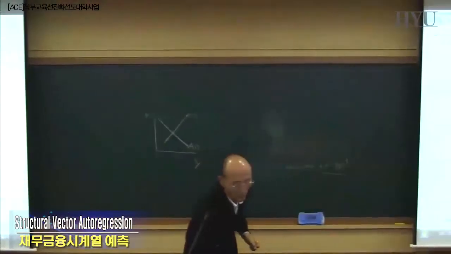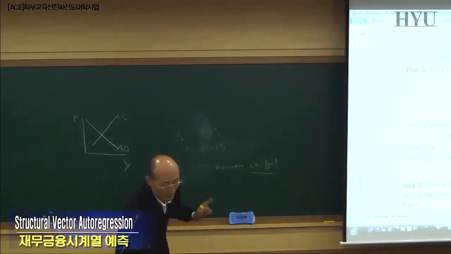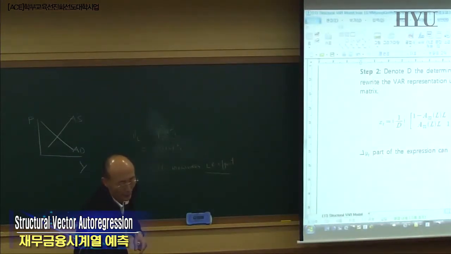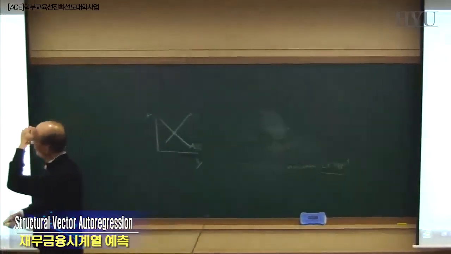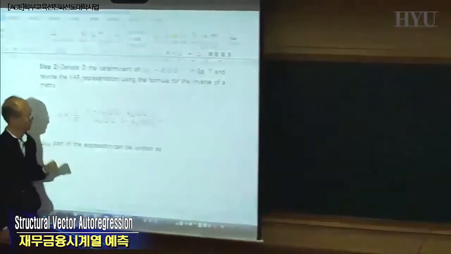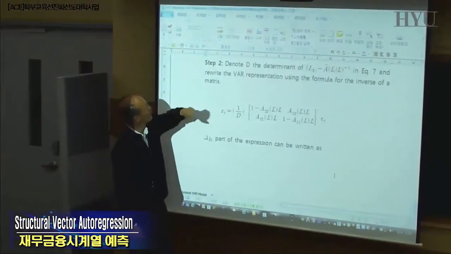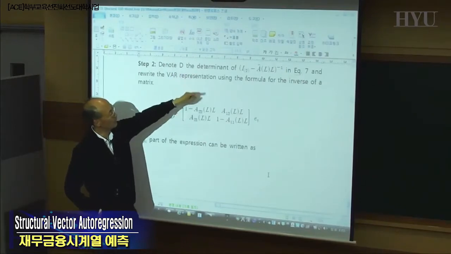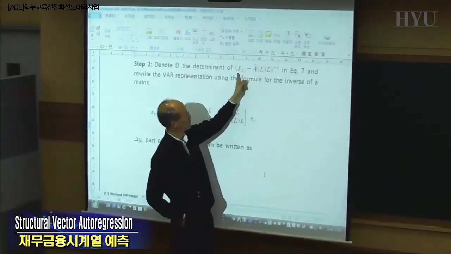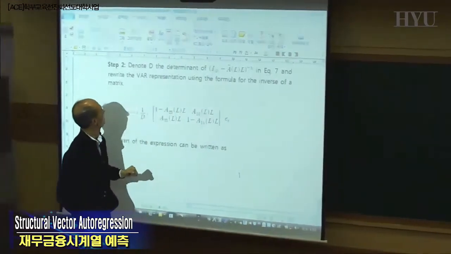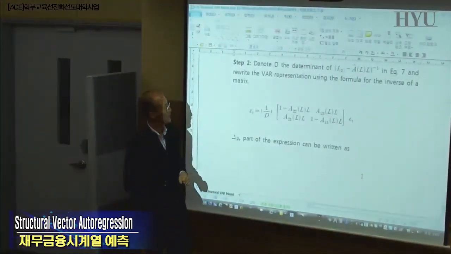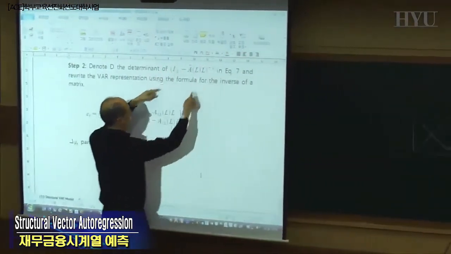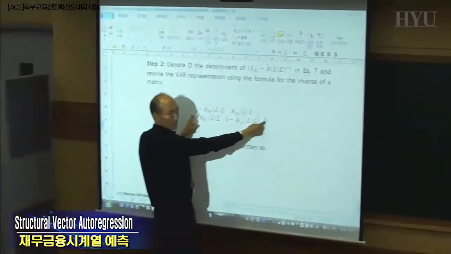So that other equation is derived from the previous identifying assumption in equation 2, and this is the way you do it. A little bit of algebra is involved. Let D be the determinant of this matrix polynomial. And then we had previously this expression multiplied to there, right?